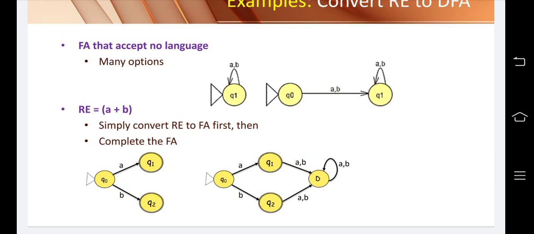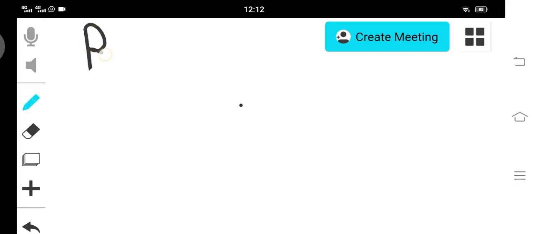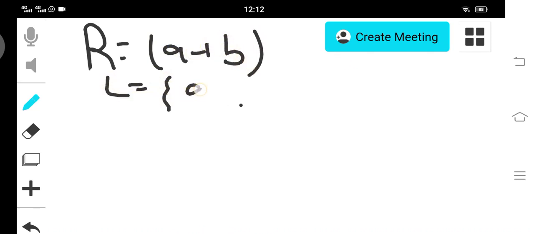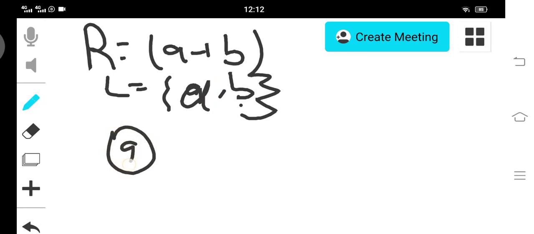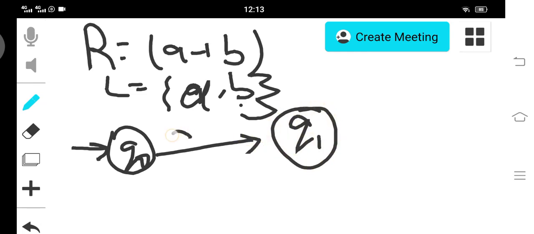The second one is the regular expression A plus B. It means the language contains only A and B. This regular expression, A plus B, means it is a language where only two words are there, A and B. So we need to start with the initial state Q0, and on A it goes to the final state Q1.